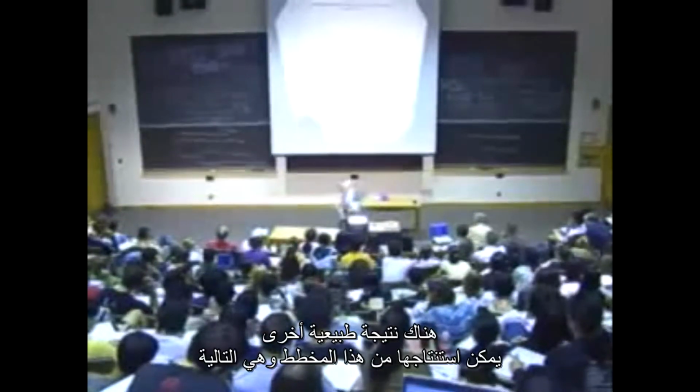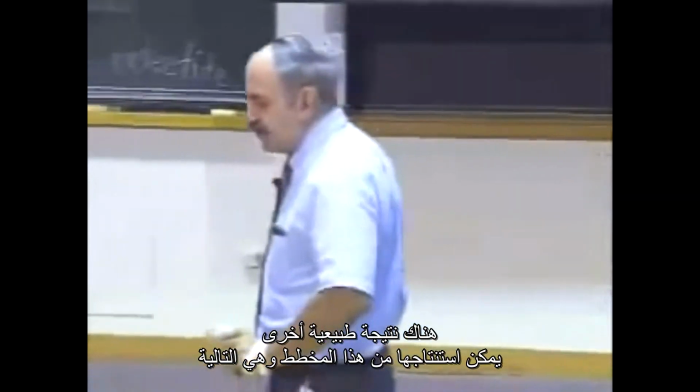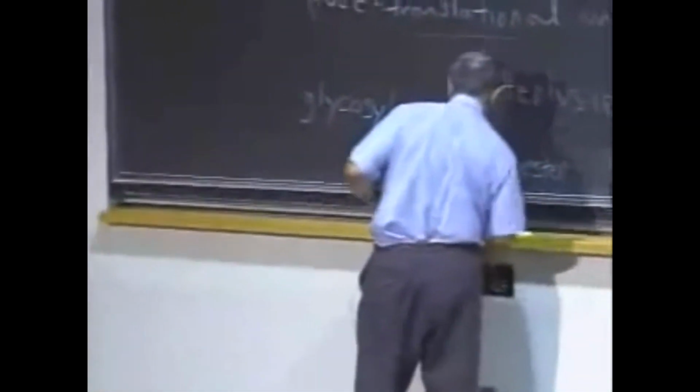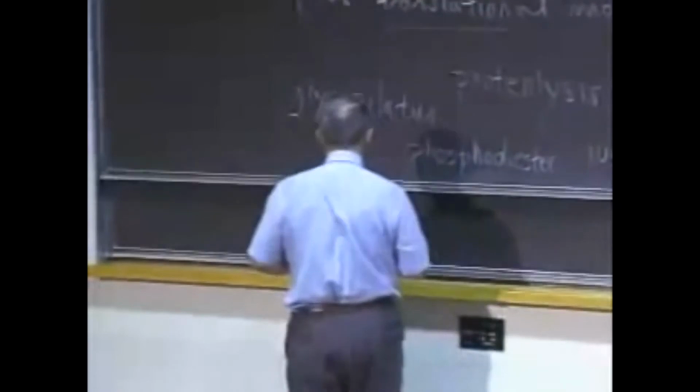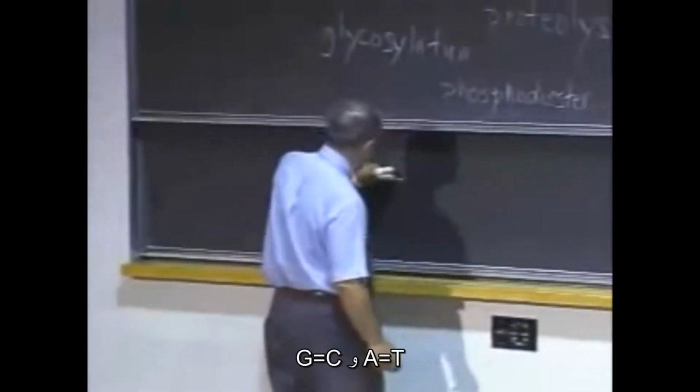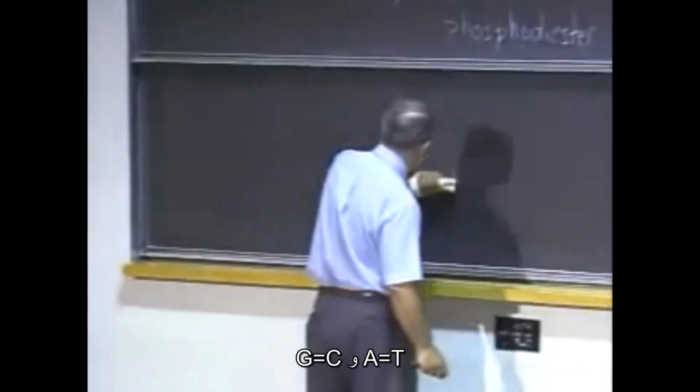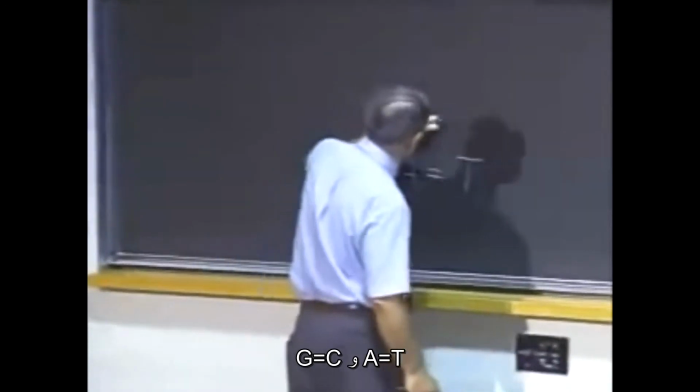There's another corollary that we can deduce from this diagram, and that is the following. It's always true that A pairs with T and G pairs with C. By the way, this is an interesting story.